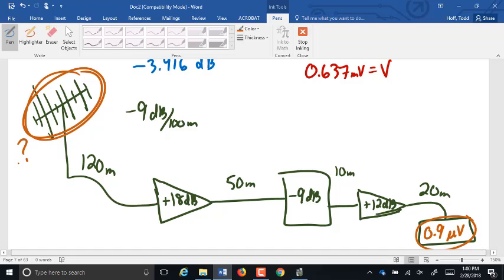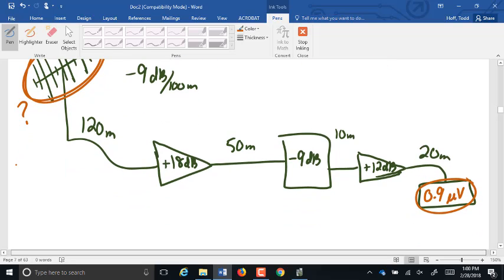I'm going to let you guys look at this, see if you can work that backwards. So we've got to work this backwards. So we start out with what this level is here. That is going to be 20 log of 0.9. Oops. Did I really put that on 0.9 microvolts? Wow.